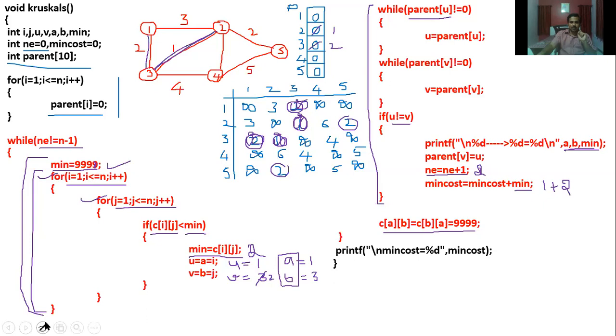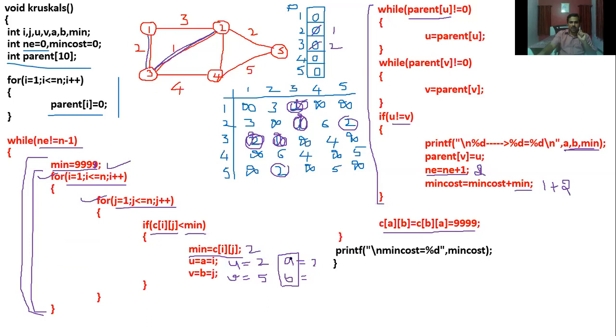Okay. Yeah. U is equal to 2, V is equal to 5, minimum value is equal to 2.